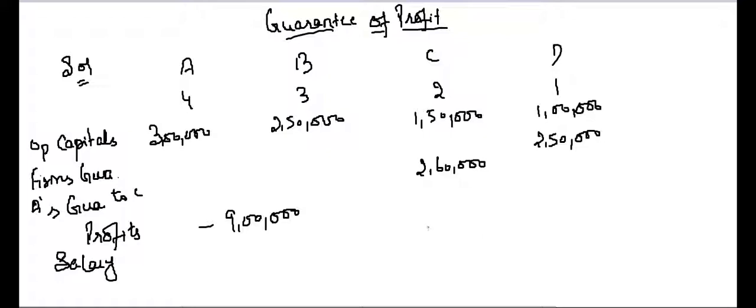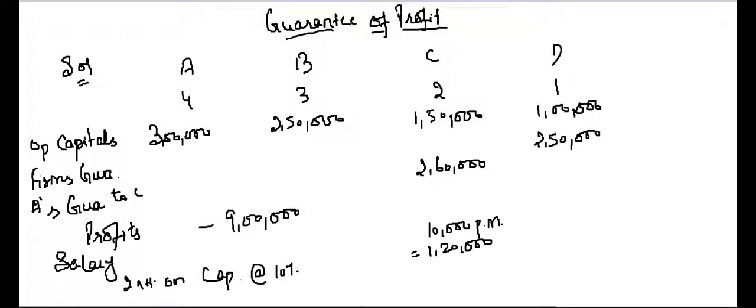Salary to C is 10,000 per month, that is 1,20,000 for the year, right? And we have interest on capital at the rate of 10%. Clear? So this is the whole question.